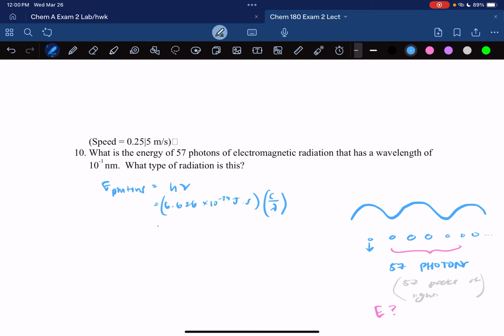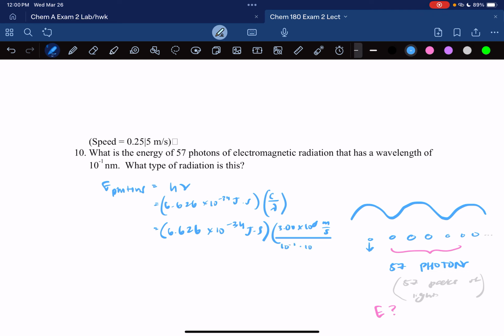What was c again? We're talking about electromagnetic radiation, so c is 3.0 times 10 to the 8 meters per second. And then the lambda is 10 to the minus 1 nanometer. Nano means what? 10 to the what? Minus 9. Okay? So multiply that out, you can see the units cancel out.